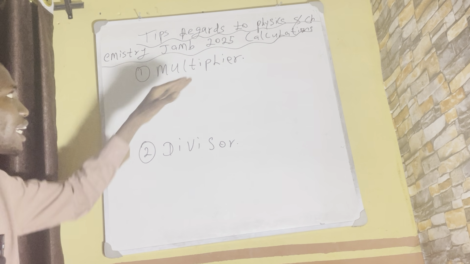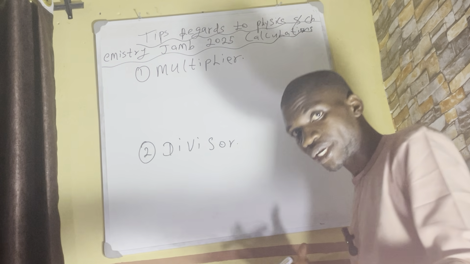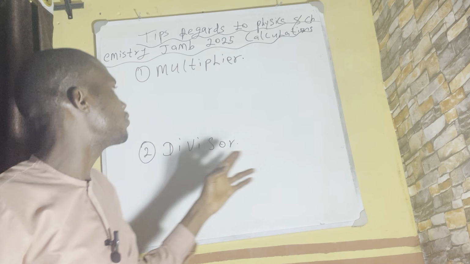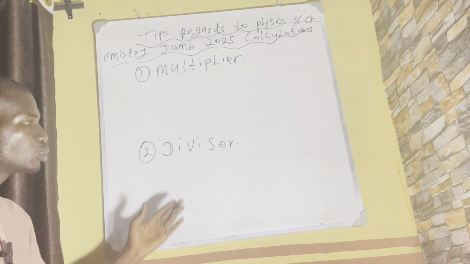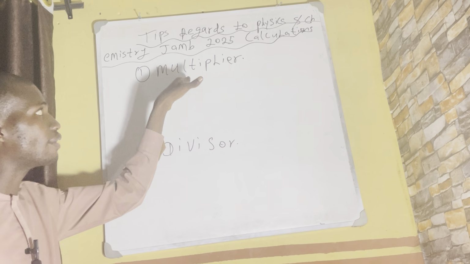When we talk about multiplier in physics or chemistry, we're talking about the one you use to multiply, to increase. Then divisor is the divider, the one used to divide. Most variables are multipliers.